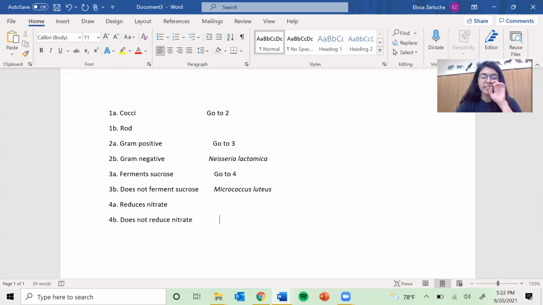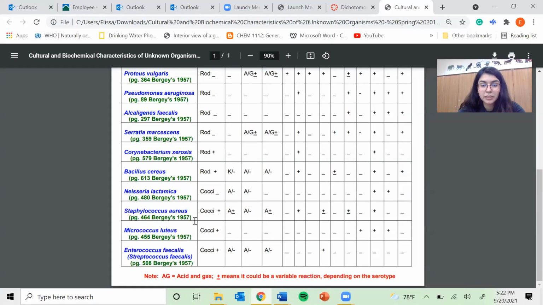Again, it doesn't need to be anything fancy. All we have to put is whether it does or does not. And for does, we will put Staph aureus.